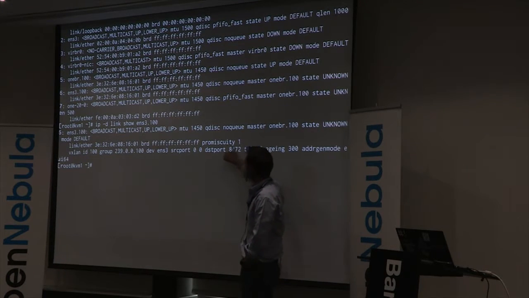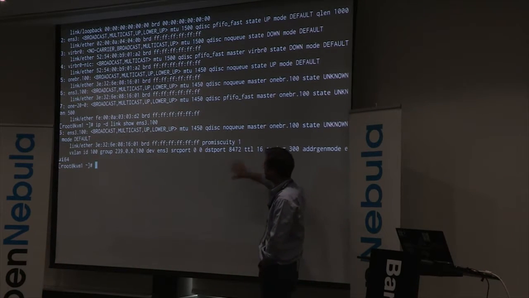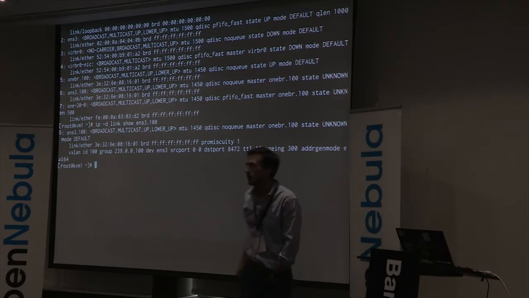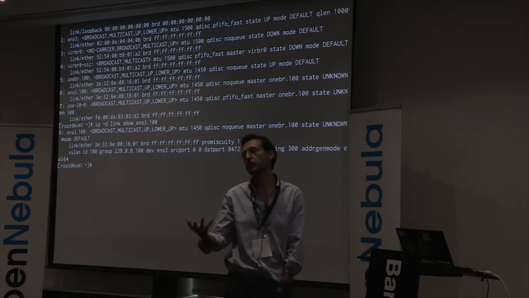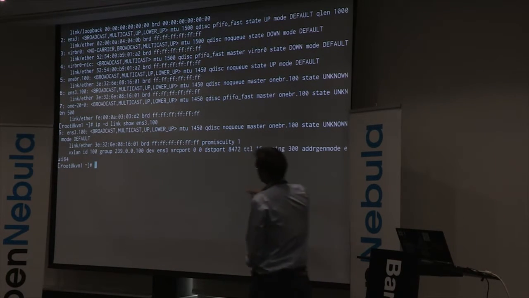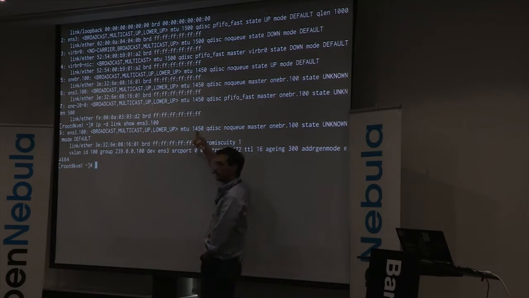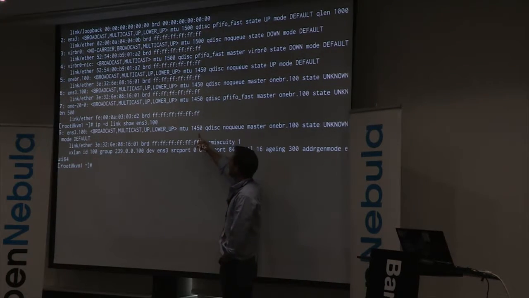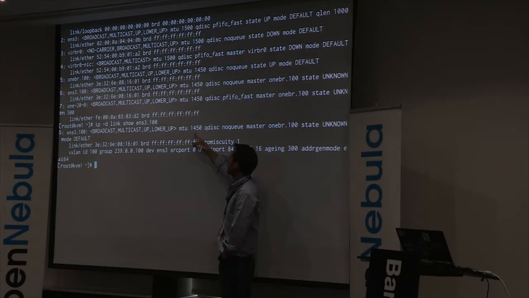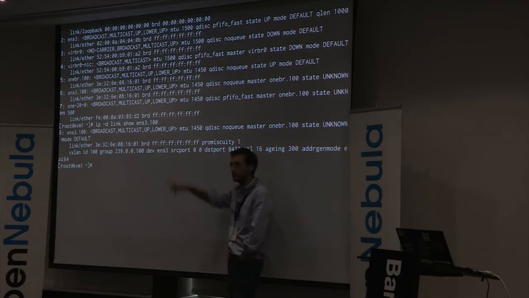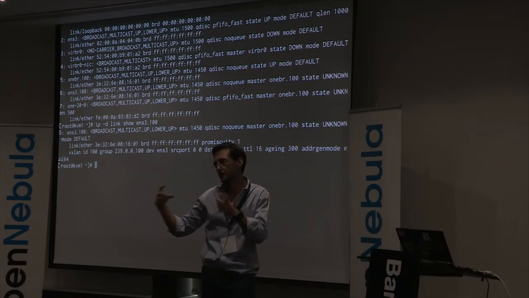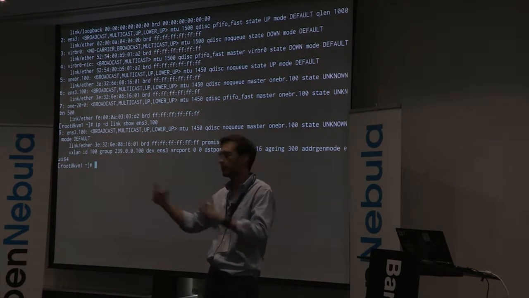You have the UDP port that is going to be used. All of these things can be configured when you configure the VXLAN driver. For example, if you take a look to the MTU, this is not the typical 1500. It's reduced in order to consider the encapsulation overhead.